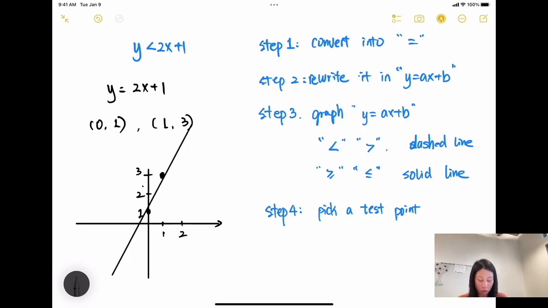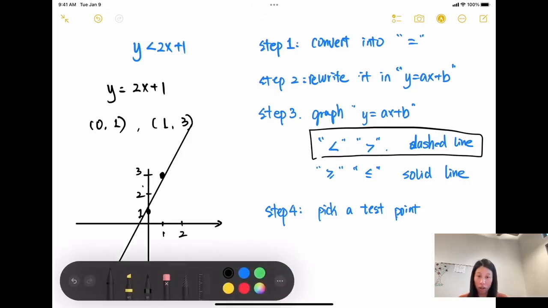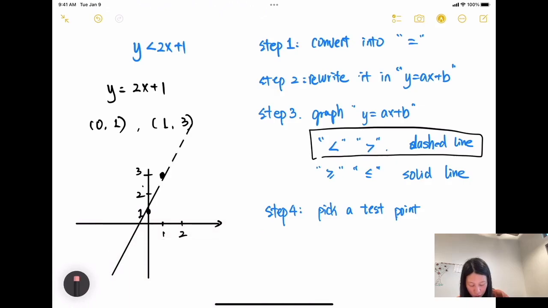But be careful, I talked about that when we graph it. If this is less than or greater than, there's no equal sign, we need to use a dashed line because it's not including. If it's including, we use a solid line. So we want to use a dashed line instead of a solid line.